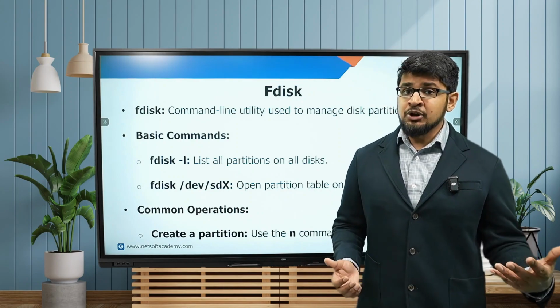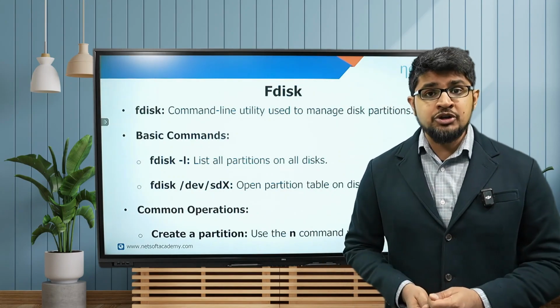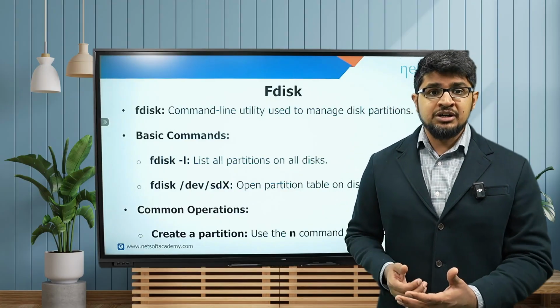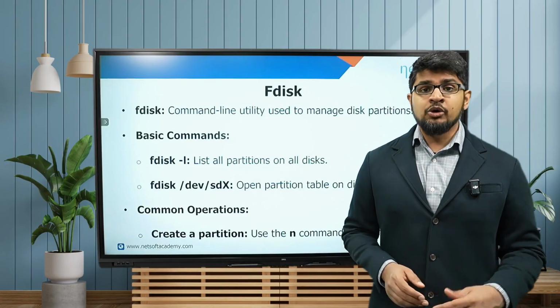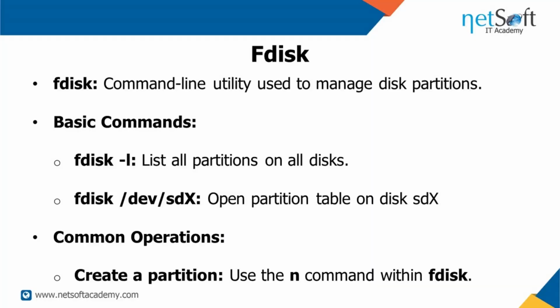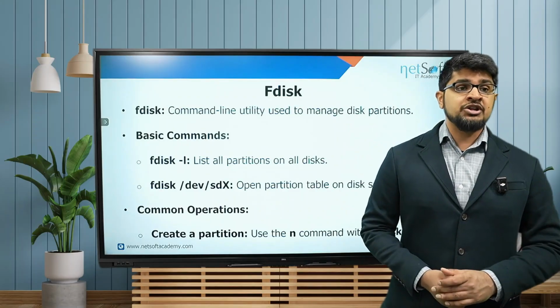Based on the type of hardware you're using, whether that disk is NVMe or IDE or SCSI, you might be given a different name, but of course, rest assured, you are going to find that disk inside that /dev directory, and you can begin to edit and manage partitions on that disk.